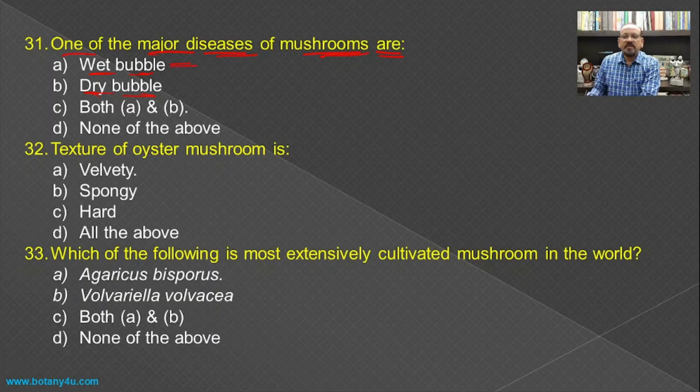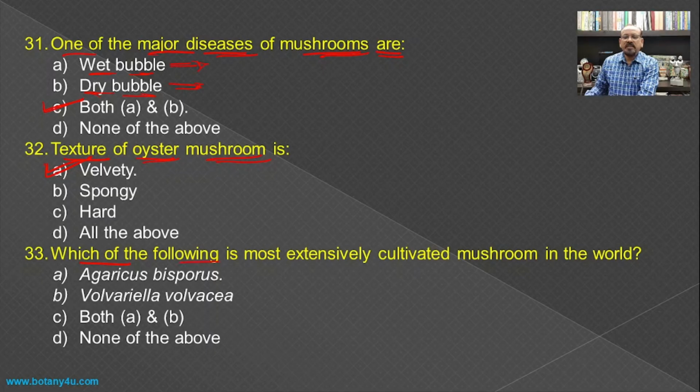So even the dry bubble and the wet bubble both are commonly found as a disease on the mushrooms, and hence both A and B become the answer for this question. Then texture of oyster mushroom is, this is a very common identification of the oyster mushroom, that the oyster mushrooms are velvety, and hence A will be the correct answer for this question.